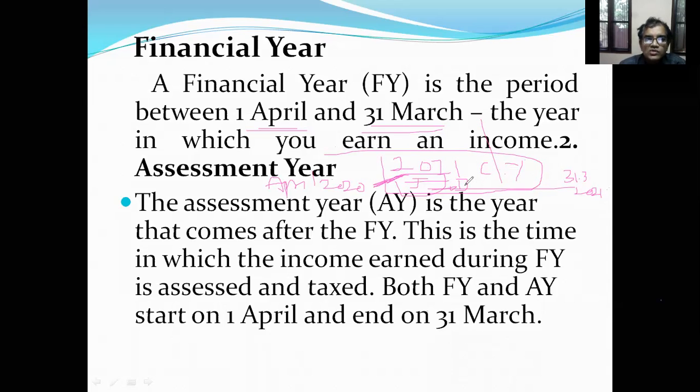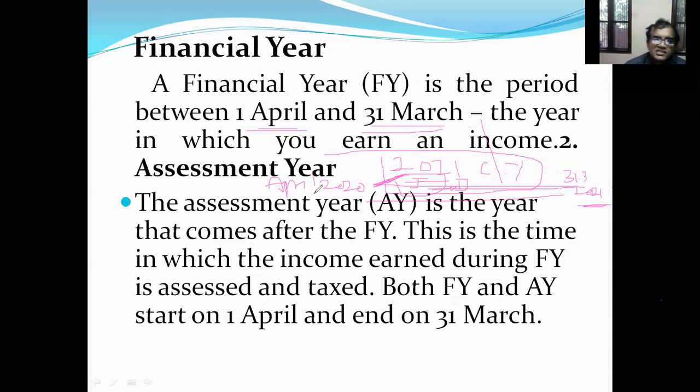I hope you understood. The financial year will begin from 1st April and will end on the next calendar year's 31st March. So now we are in January 2021. So our financial year for this January 2021 is April 1st 2020 and it will end on 31st March 2021.